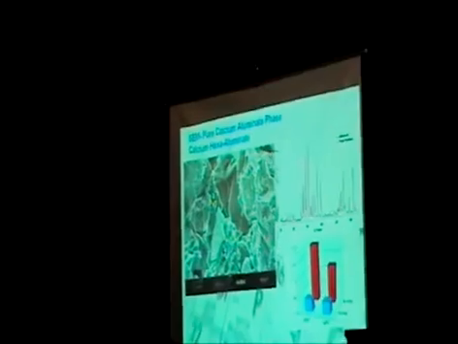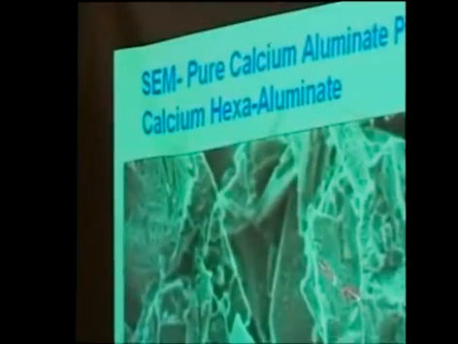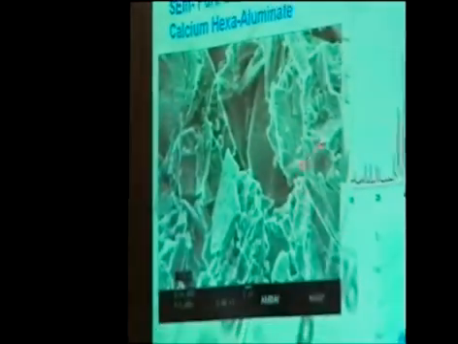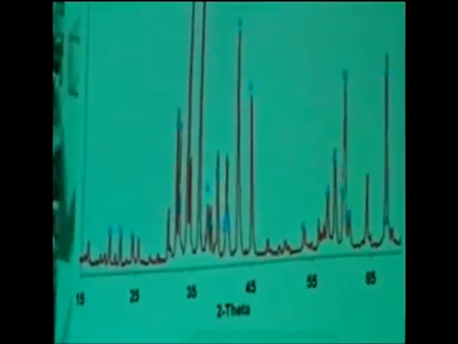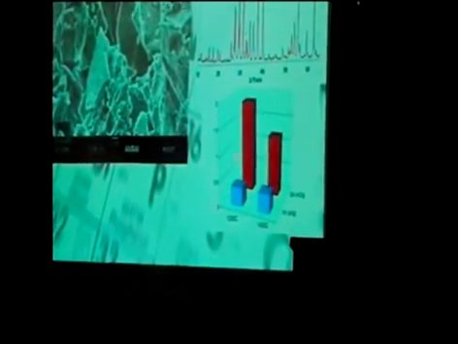The next one is hex aluminate. Again, the structure is quite different, with some needles. And this one is even more stable, in that the surface area starts out higher and ends up much higher than the previous two, though on a different scale.